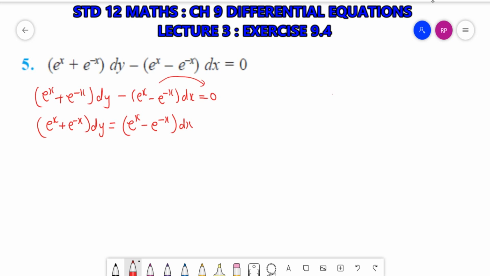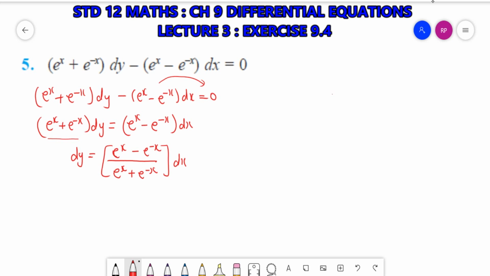Now variable separable, so the function having variable of x, we'll take it on the other side. So dy is equal to e raised to x minus e raised to minus x upon e raised to x plus e raised to minus x dx. Okay, so now we have separated the variables.